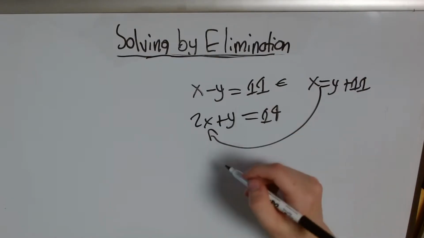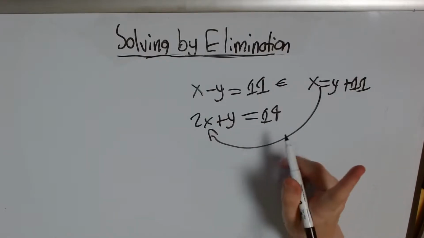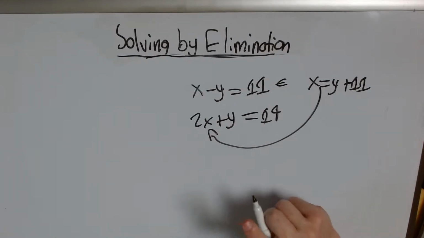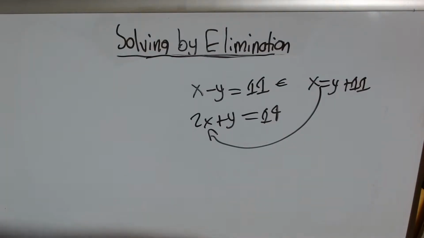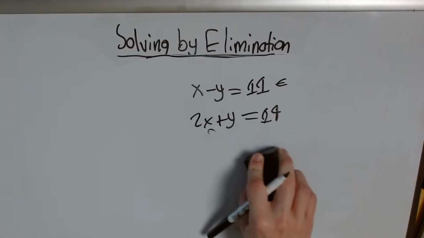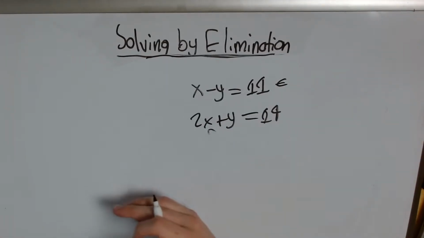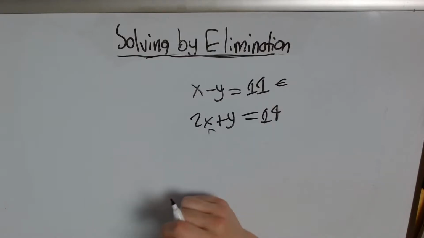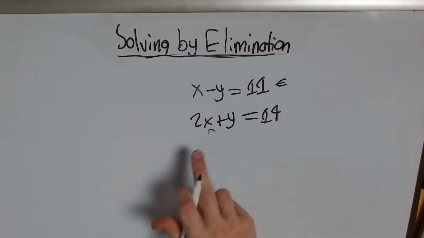There's a way that I can get an equation in terms of one variable with only a single step for this exact equation. How do I do that? Well, I say, what if I try to cancel a variable out? You might be saying, what do you mean cancel a variable out? What are you talking about?